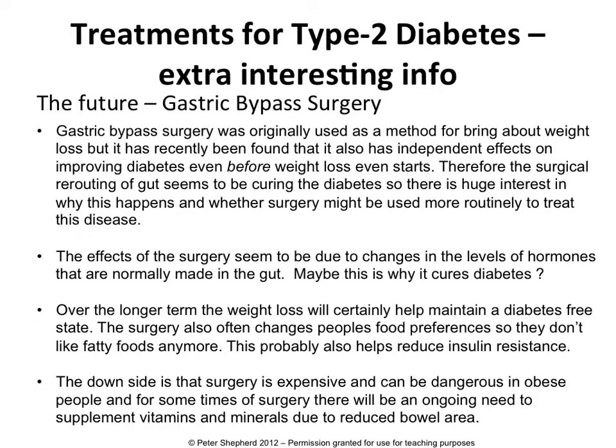That is not just related to reducing weight, if that kind of makes sense. So it reduces weight, but even before it makes them lose weight, they do start responding better to it, and their diabetes starts becoming a bit more under control.